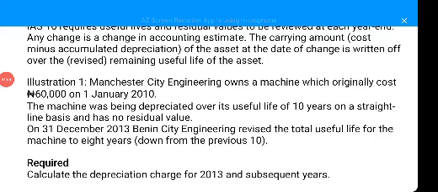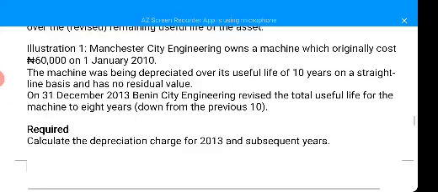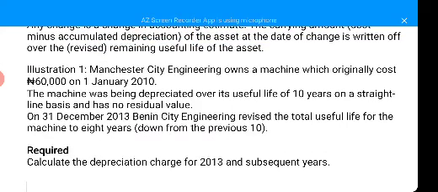Now when you review an asset, I will give us the formula. The subsequent depreciation will be your revalued amount or your carrying amount over the revised useful life. So let's look at this illustration.